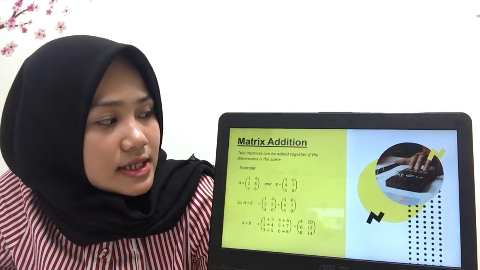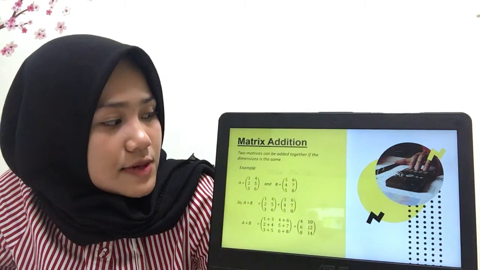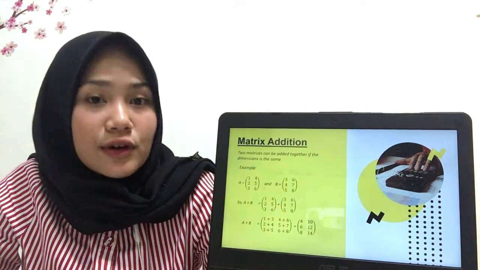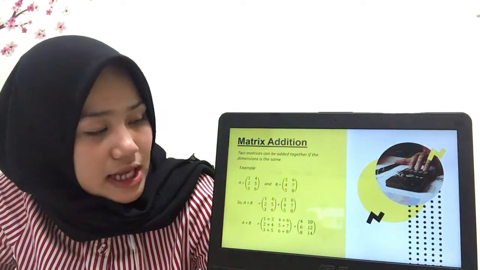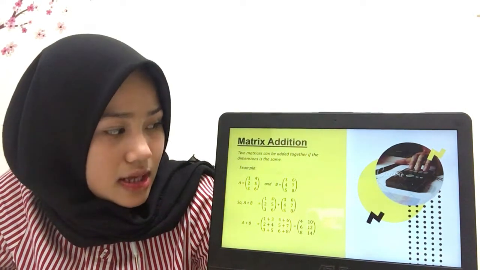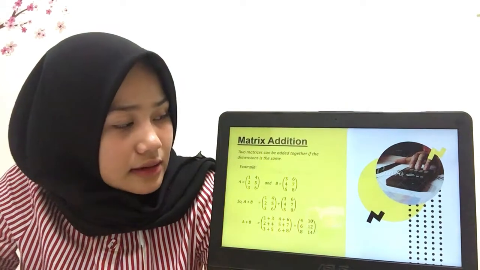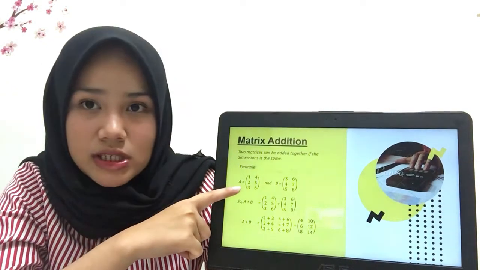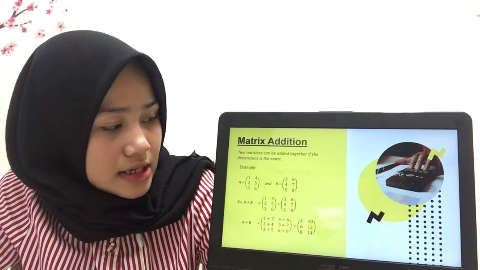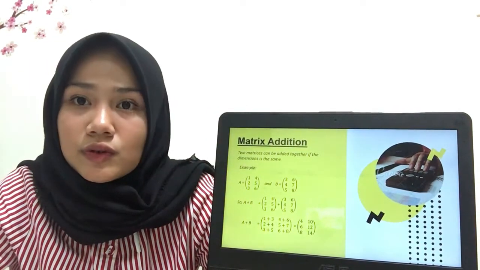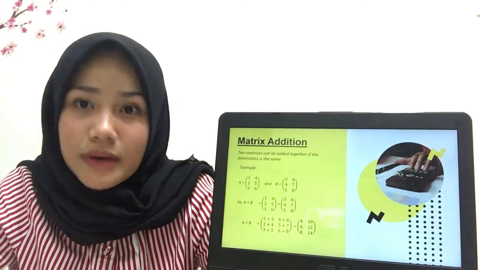Two matrices can be added together if the dimension is the same. For example, there are matrix A and matrix B, and we can see that the dimension of matrix A is the same as matrix B. That is a 3 by 2 matrix.